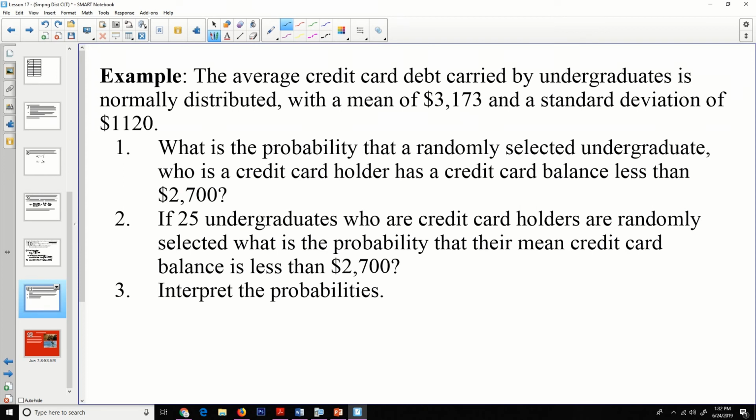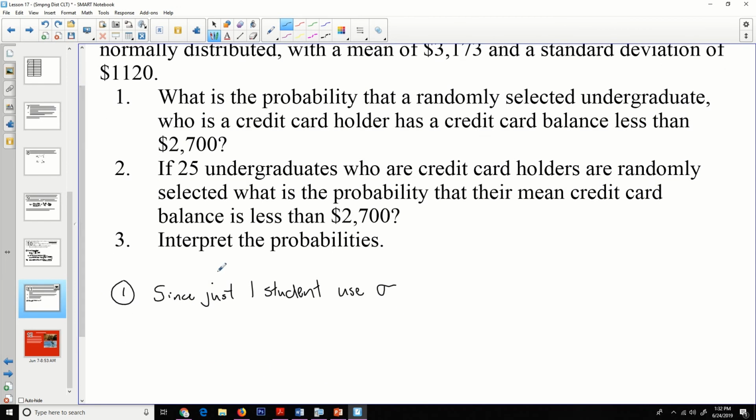Well, since this one isn't talking about a sample, it's just talking about a single student, we're going to just use the regular number 1, since it's just one student. We're going to actually use the standard deviation.